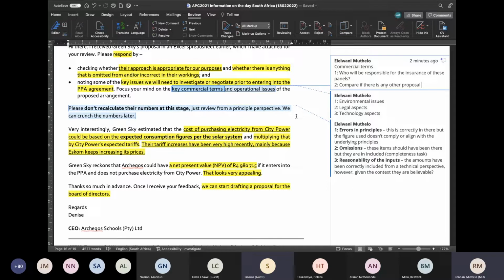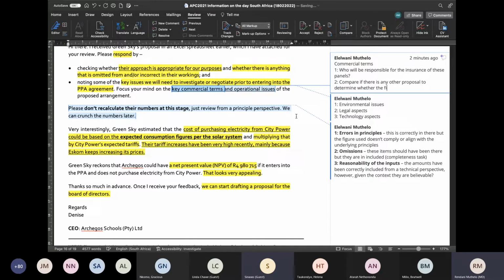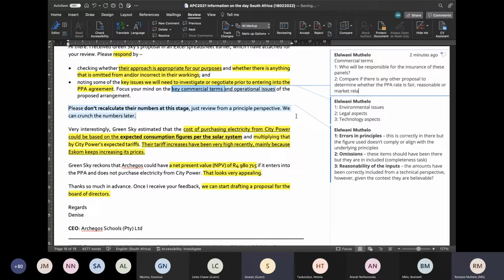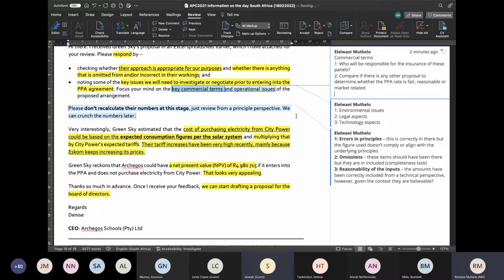So compare with other proposals to determine whether the financial terms or the PPA rate, which is the key thing, is fair, reasonable, or market related. That is what I want you to check as part of the commercial terms. But you're answering the question, right? These issues are the ones that they wanted in Part B. You are in the money, right there.